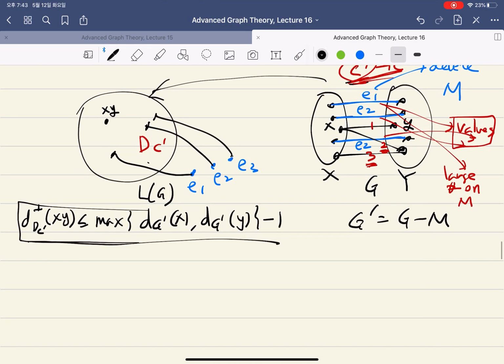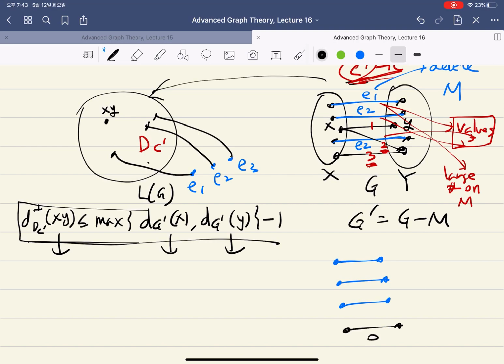Then, by adding this M back, for certain vertices, this might increase. There are several kinds of edges.